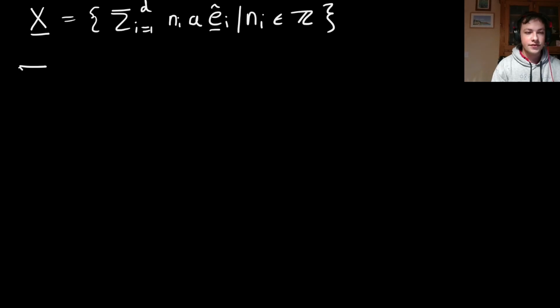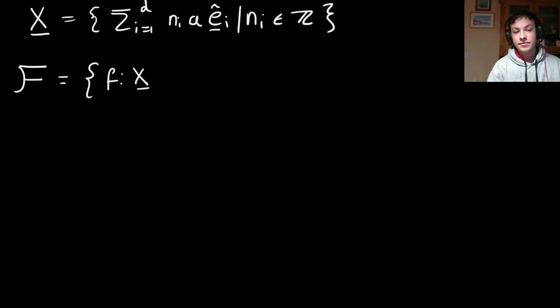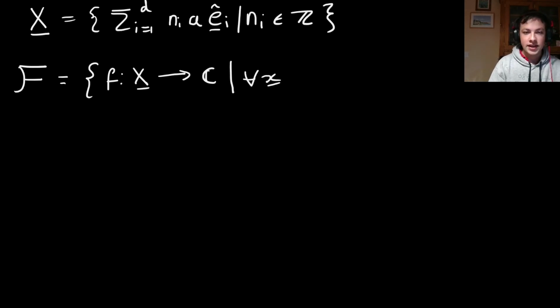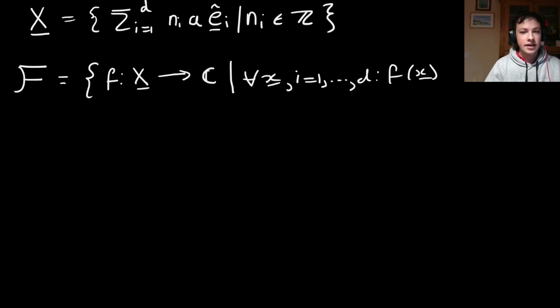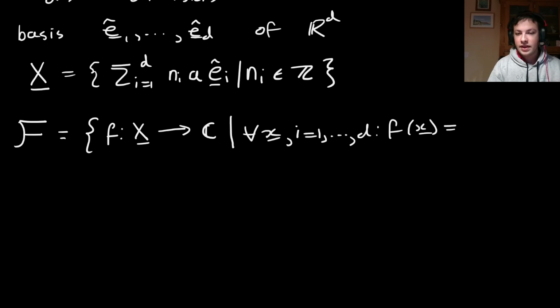So we're only going to look at these functions in the set F, which is functions f from our lattice into, we'll do the complex numbers now, we'll generalize later to any complex vector space, but for now just complex numbers, such that for all points x and i equals 1 up to d, we want f of x to be equal to f evaluated at x plus n a ei.